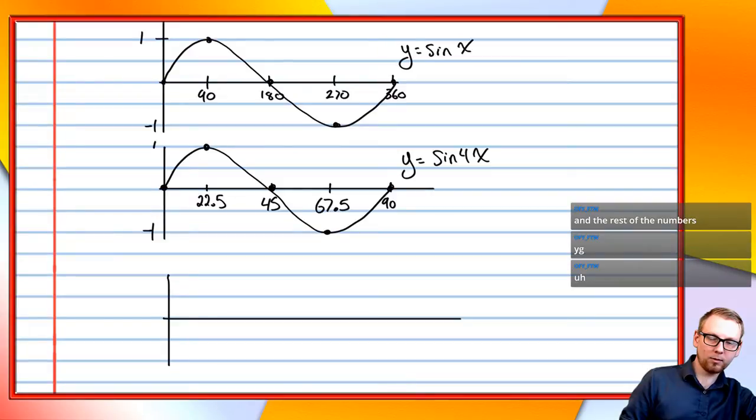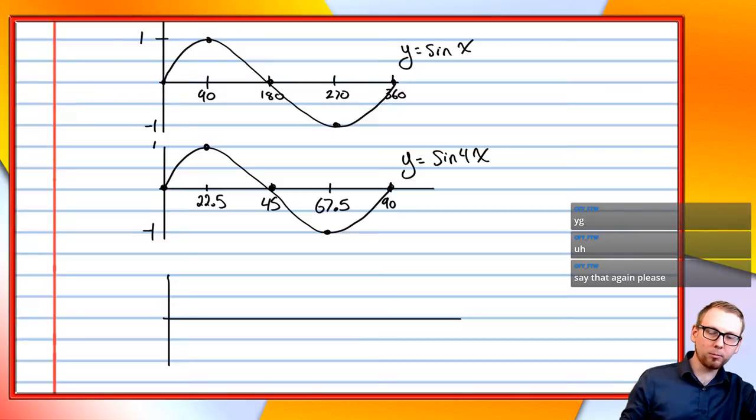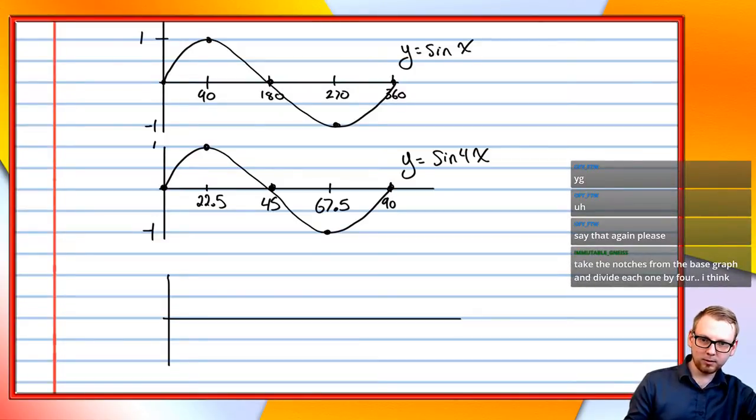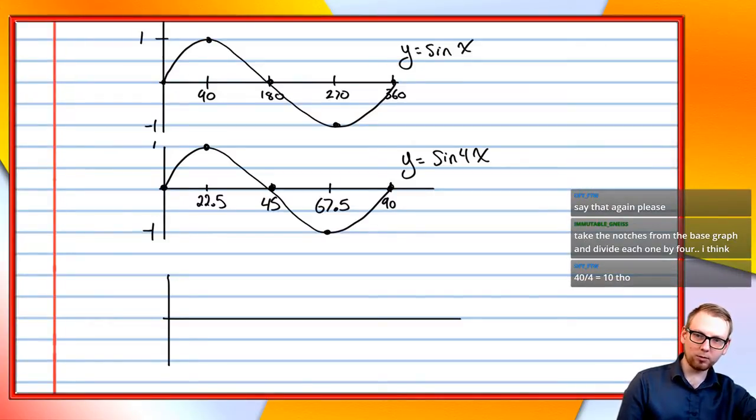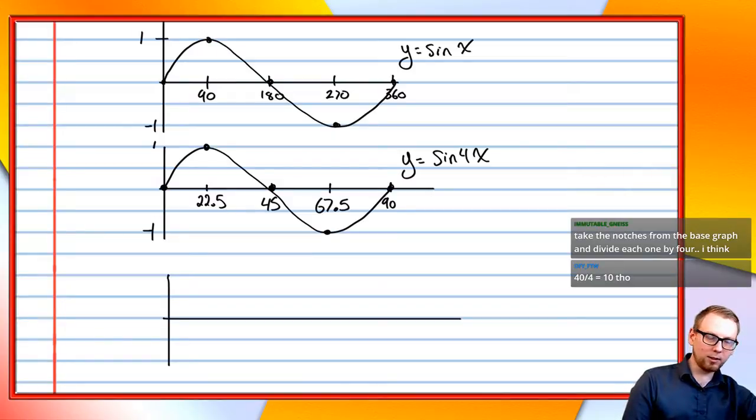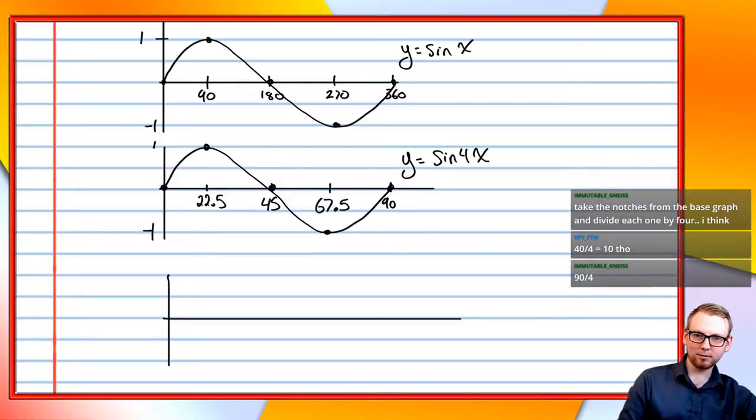Remember your original, the base period. Take each of the notches like I did. So these were all critical values that I already know: 90, 180, 270, 360. For me to just draw them, I took each one of those and divided by 4. 90 divided by 4 is 22 and a half. 180 divided by 4 is 45.